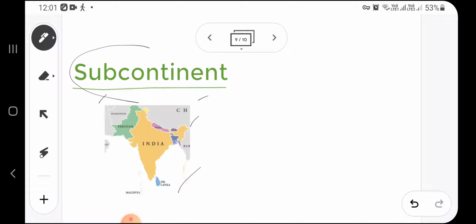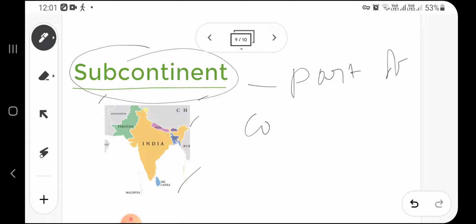A subcontinent is a part of a continent. Whatever features a continent has, India and its neighboring countries have them. That is why all these countries together are called the Indian subcontinent. So here the use of iron began around 3000 years ago.